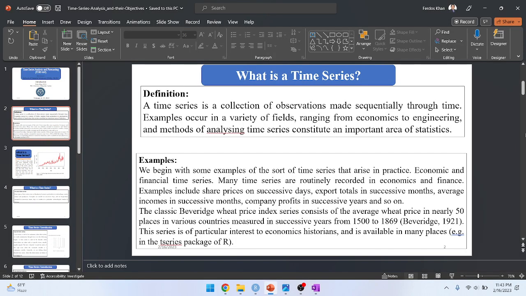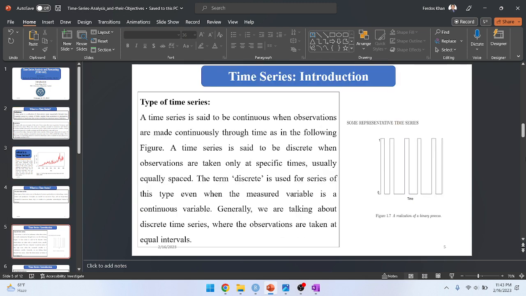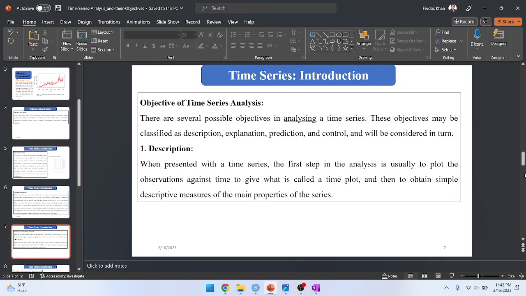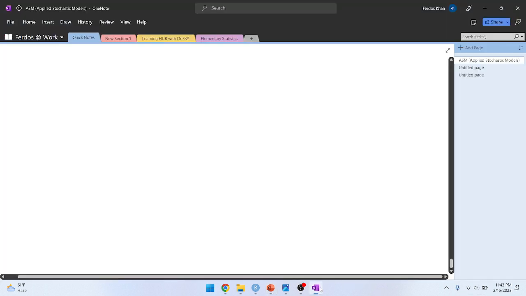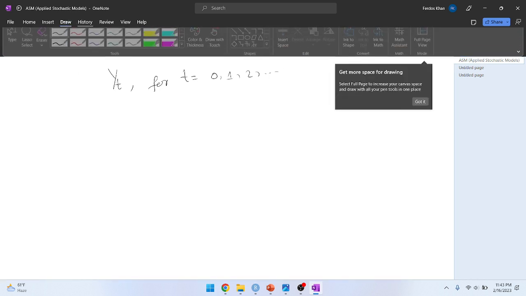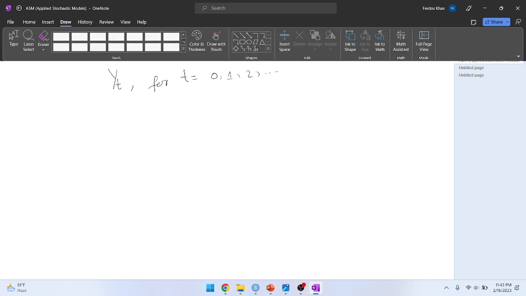Suppose this is Y_t, this is a time series, and for t equal to, suppose you take 0, 1, 2 if you're starting from 0, and let me change this.